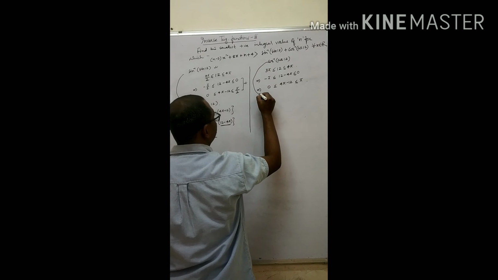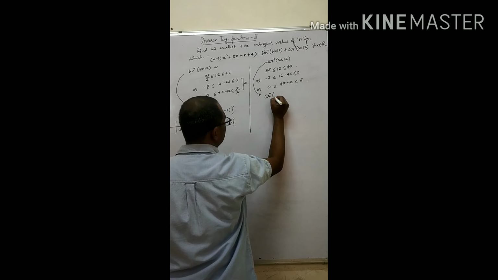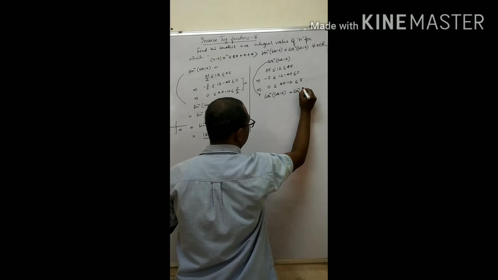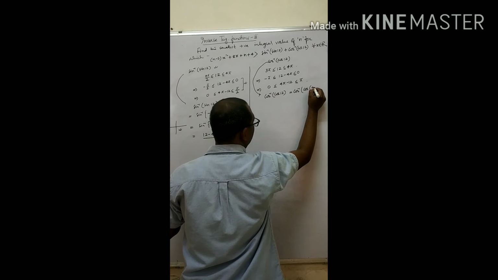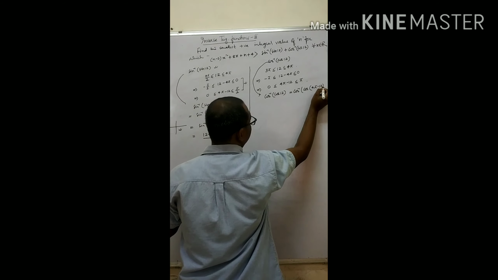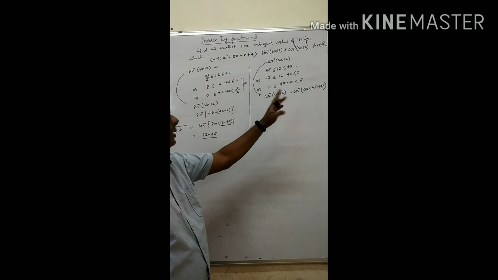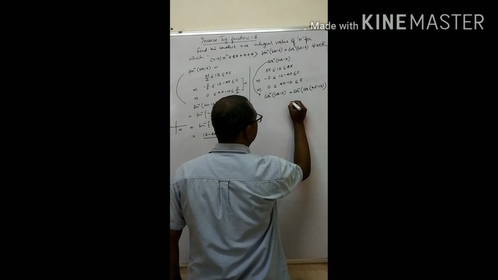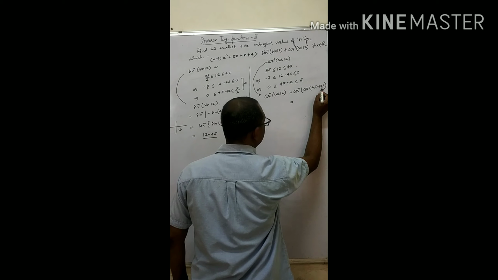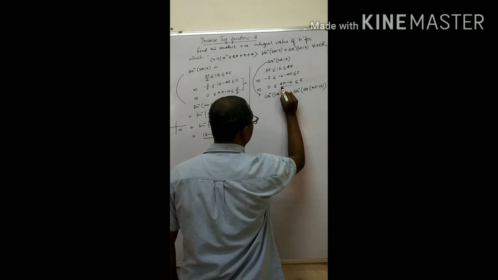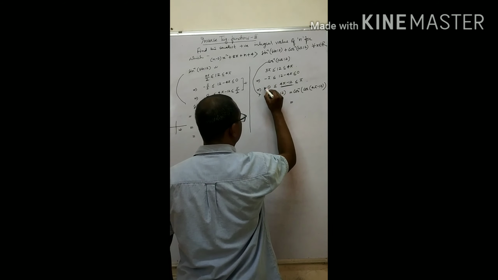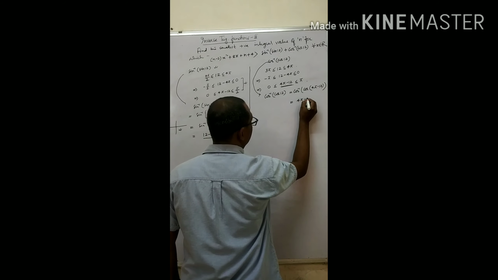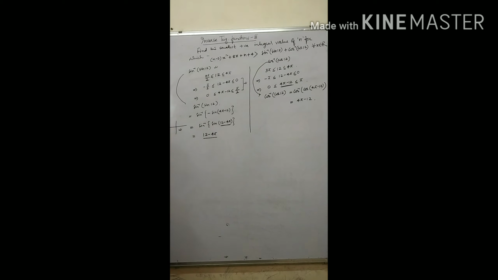Now cos inverse of cos of 12 can be written as cos inverse of cos of 4 pi minus 12. 4 pi minus 12 is in the fourth quadrant, where cos is positive, so it can be written. 4 pi minus 12 is lying in the principal value branch of cos inverse, that is 0 to pi. So the value generated is 4 pi minus 12.